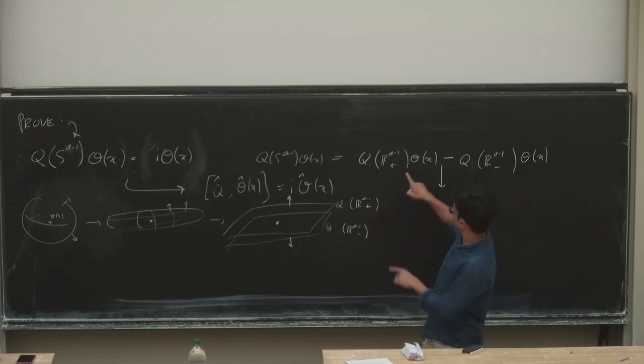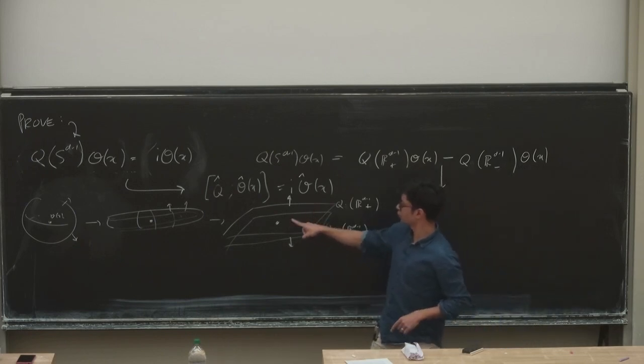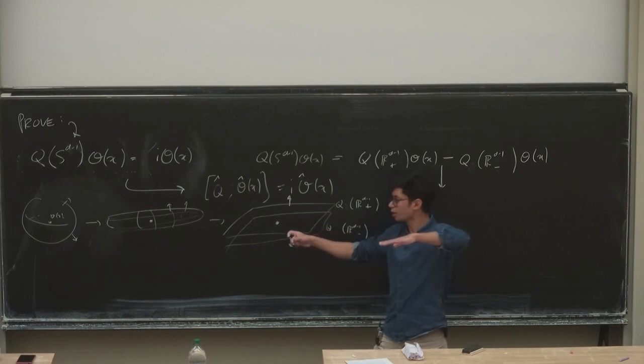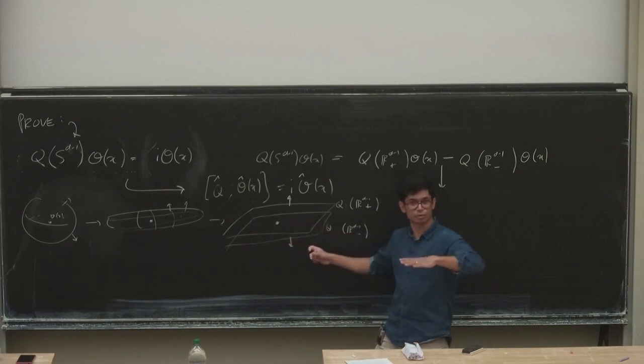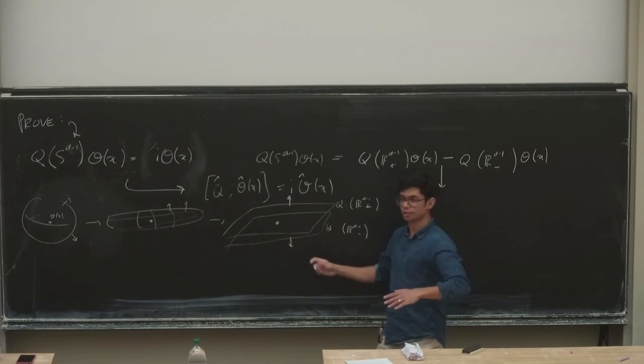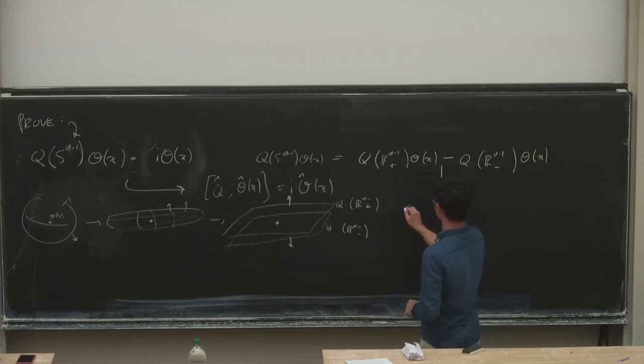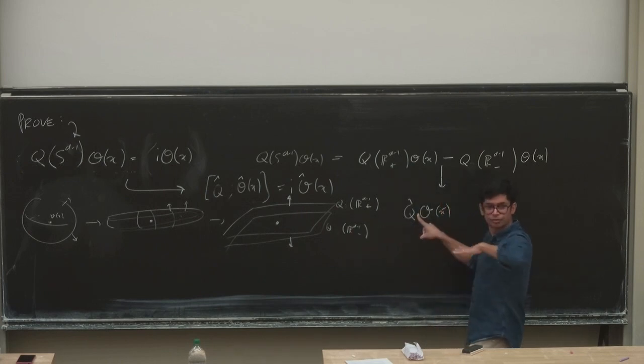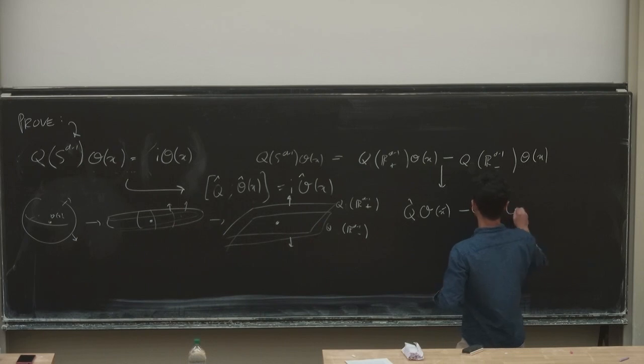Note that here versus here, the time ordering is backwards. Over here, Q is on top of the operator O, and over here, Q is on bottom of the operator O. So once these become operators in the quantum Hilbert space, this becomes Q O of x, where this Q is literally just the same integral of J_0, the operator, minus O of x Q hat.